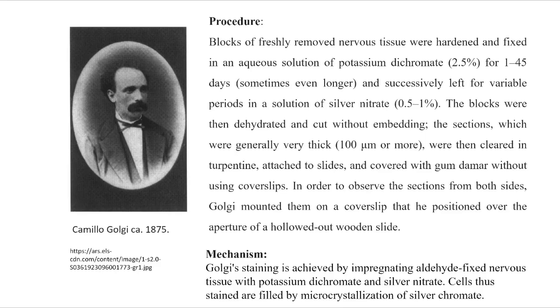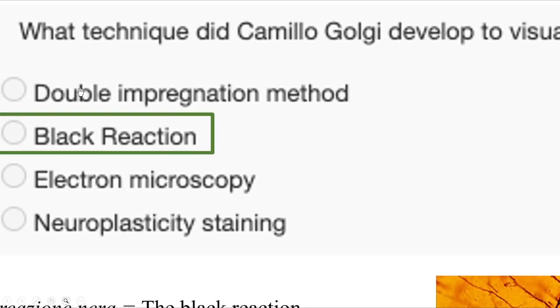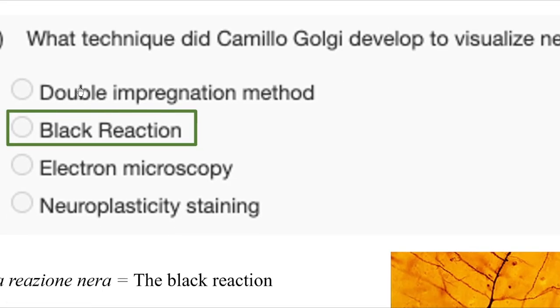Basically, there were only two components: one was potassium dichromate, and the other was silver nitrate. In the Golgi technique, the precipitate was basically microcrystals of silver chromate. But the problem was that it was not very reliable.